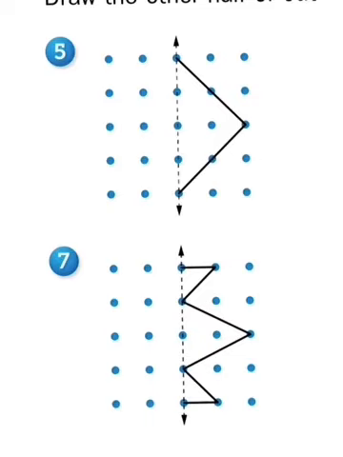On 5, I noticed that now the shape is on the right side, so we're going to draw on the left side. If I start at the top, I'm going diagonal down to that center dot on the outside, and I pass through 1.